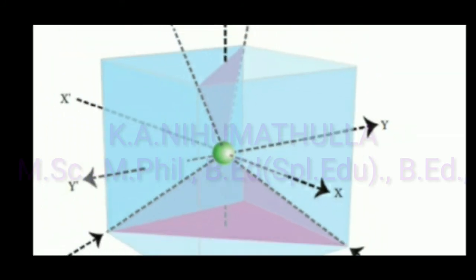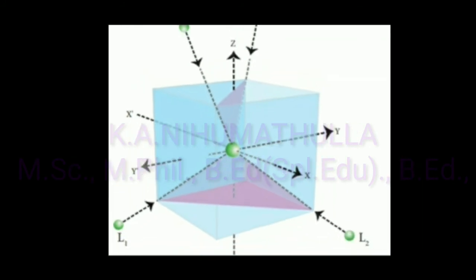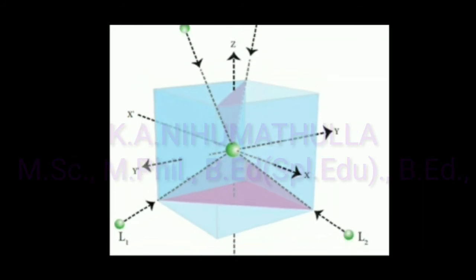The four ligands approach the central metal atom along the direction of leading diagonals drawn from alternate corners of the cube. The pink structure indicates the tetrahedral geometry, the tetrahedron.